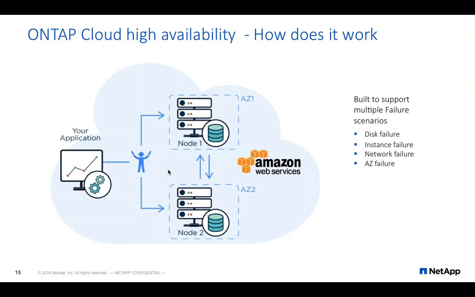So if you lose a network connection to one instance, the floating IP model with Amazon will switch it to the secondary one and allow you to continue operation there. And that also goes across for availability zone failure. So if Amazon so happened to lose an entire availability zone, you would be protected against that as well.